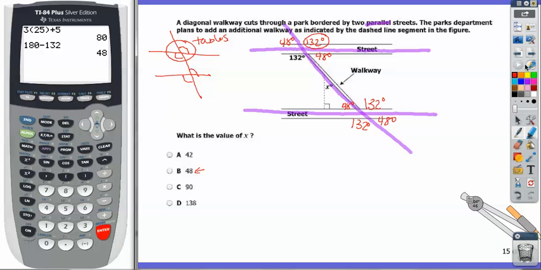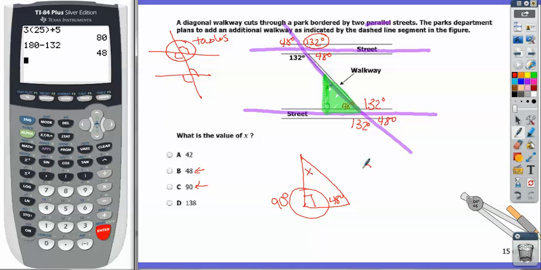So here's the other fun thing. Let's change the color of my highlighter. Remember I said hidden triangles. Here is a triangle. So let's go ahead and write that triangle over here. Here's my x, and here's 48. Now inside of a triangle is 180. This square means 90, which is probably why they put a 90 there. So let's go ahead and solve it.